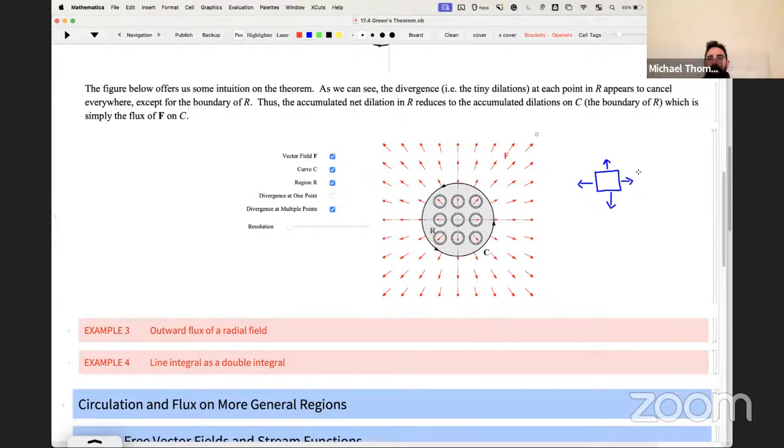Now, if I've got one next to it, and it's also expanding outward, because in this particular case they all have the same divergence, what ends up happening is right here, these guys cancel.